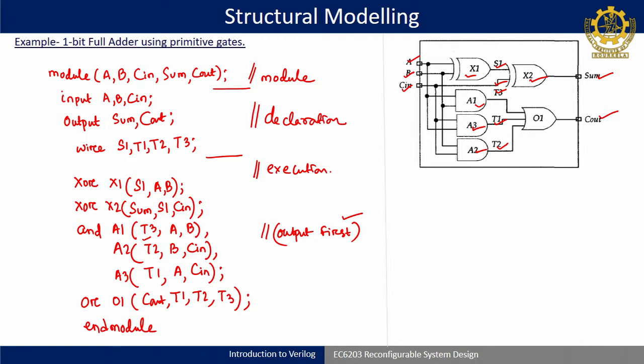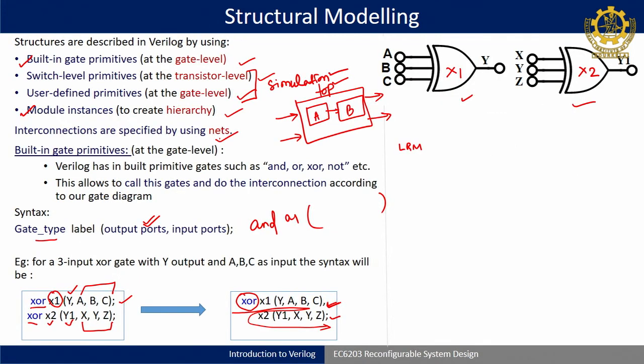The fourth one is module instantiation, which creates hierarchy, because our design will be in a hierarchy consisting of different blocks. So in lower level hierarchy you can use primitive gate level designs or continuous assignment statements. In top level hierarchy, either structural modeling, module instantiation, or behavioral modeling is used.